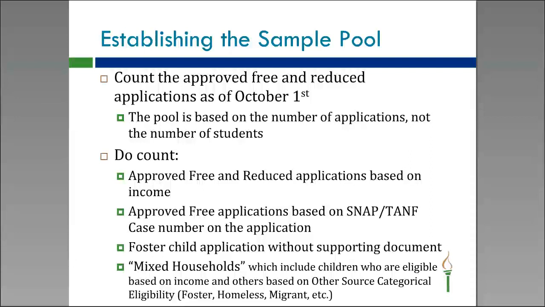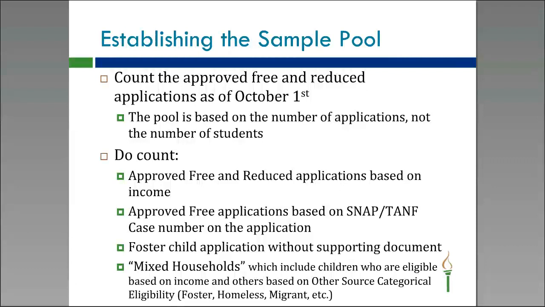To establish the sample pool, you'll count the number of approved applications on October 1st. So make sure to count applications and not the number of students. So when you count the applications, you'll include those applications that are approved for free and reduced price based on income, those that are approved applications with a SNAP or TANF case number, those foster children on an application if you don't have any supporting documentation and if they did not show up on the direct cert list.